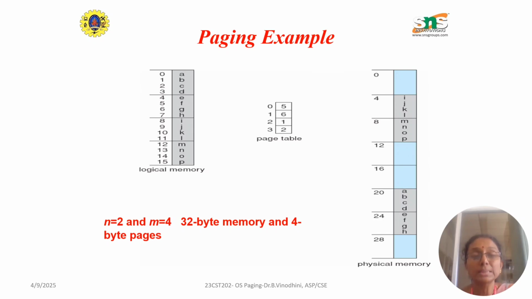For example, here the zeroth page is stored in frame number 5, which means 5 times 4, that is the 20th location in physical memory, where the zeroth page is stored. This is how that mapping is done using 4-byte pages in the paging example.